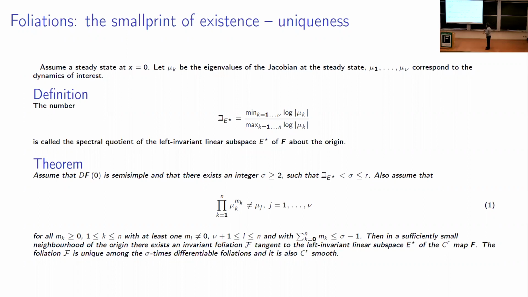And calculate this spectral quotient, which will determine in which function class we will have a unique foliation. So this will tell you how many times does it need to be differentiable? So the function that defines the encoder that defines your foliation.